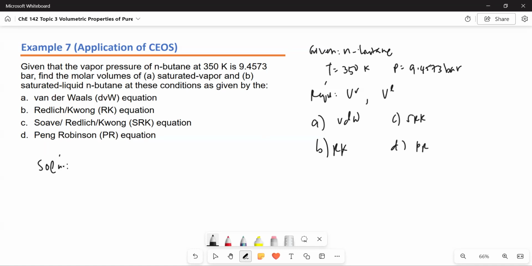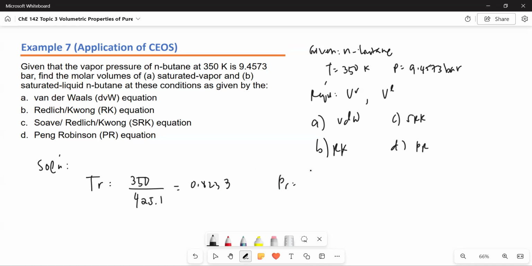Okay, for the solution, I will solve first for the reduced temperature and pressure. So, okay, that's 350 Kelvin over, from the appendix of Smith and Van Ness, the critical temperature is 425.1. So that's 0.8233.